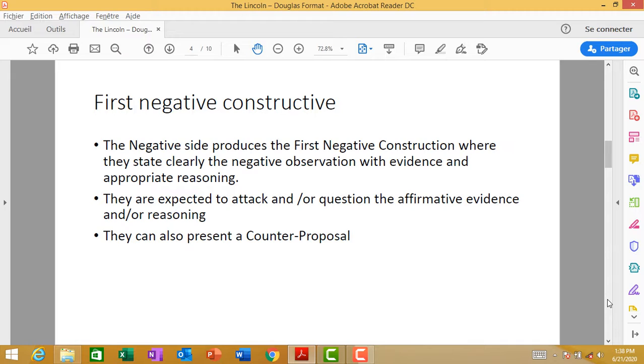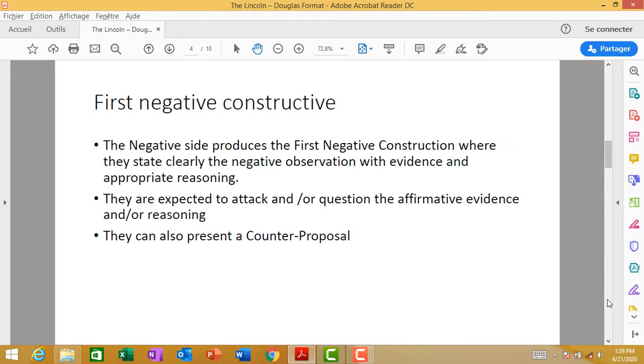At this stage, they are just showing why they don't agree with the issue in question, why they are against it. They are not yet attacking what the first debater said. Don't forget, they are constructing. This is the first negative constructive.